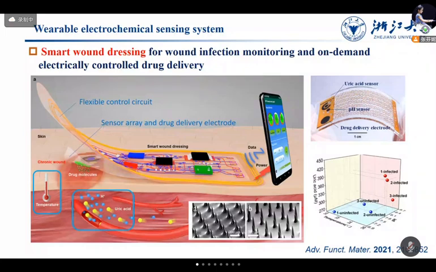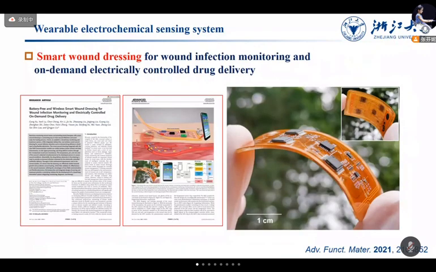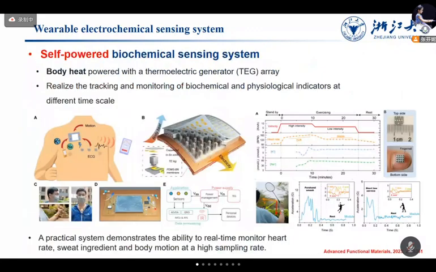And if it's still in the infectious condition, we will use the electrically controlled release of the drugs. You can see the drug molecules can be released as necessary. So with this method, we can achieve not just monitoring, but also treatment. Yeah, this we published in AFM.